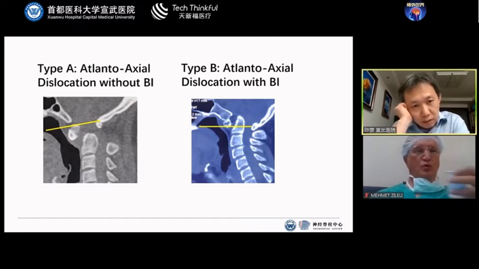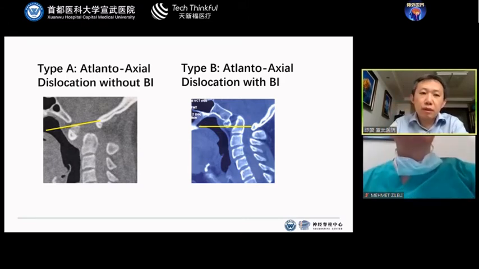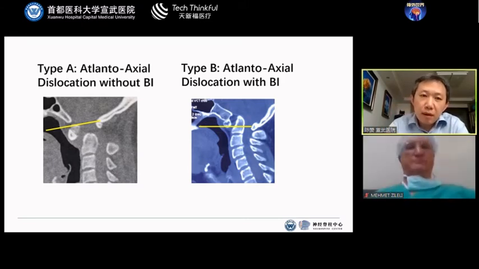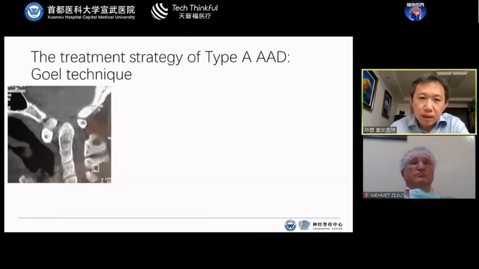On the understanding of the reasons, I divided C1C2 dislocation into two types, Type A and Type B. In Type A, the C1C2 dislocation is without basal invagination. In Type B, the atlantoaxial dislocation is accompanied with basal invagination. Our strategy for Type A C1C2 dislocation is Goel's technique.